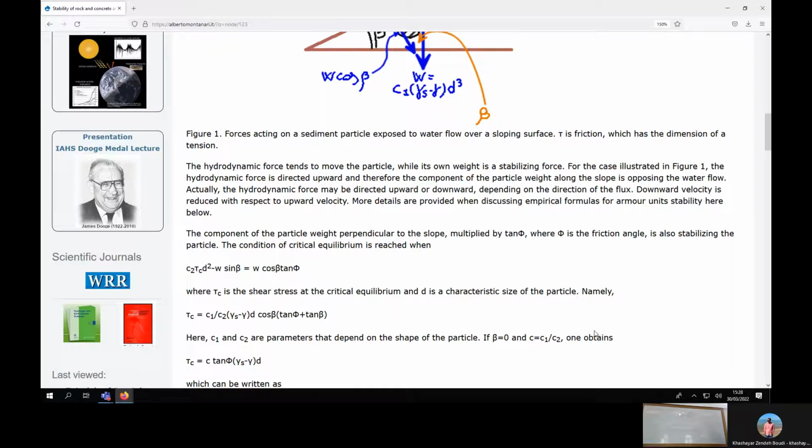We can substitute, instead of F, we can write, I write above here, C2 tau d squared minus W sin beta is equal to W cos beta tan phi. Very good.